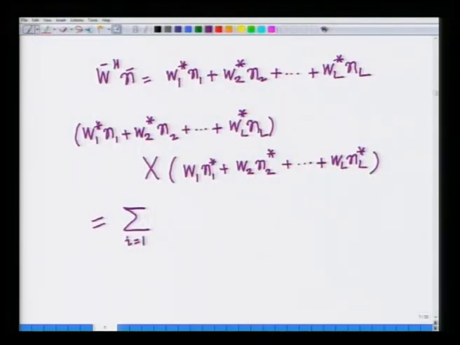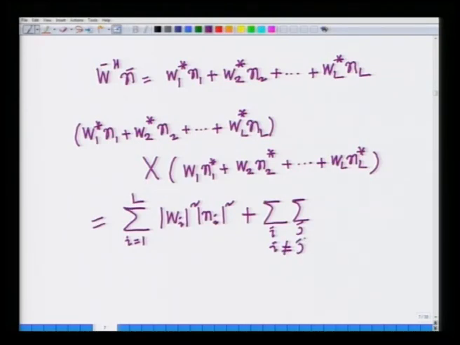So, we will have terms of the form summation i equals 1 to L of Wi conjugate Ni into Wi Ni conjugate, which is nothing but magnitude Wi squared times magnitude Ni squared, plus the cross product terms, which are the summation over i and summation over j, with i not equal to j, of Wi conjugate Ni times Wj Nj conjugate.